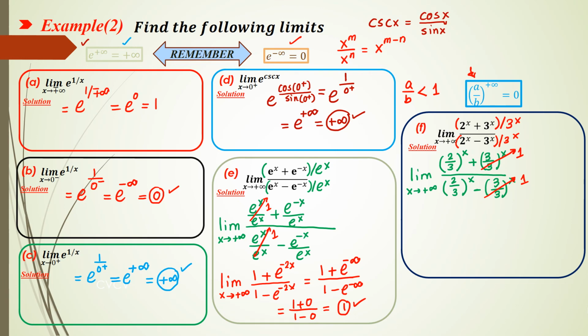Now by direct substitution and by this formula, if we have a fraction less than 1 raised to infinity, the answer will be 0. So 2 over 3 to the infinity plus 1 divided by 2 over 3 to the infinity minus 1, and this equals 0 plus 1 divided by 0 minus 1, which gives us negative 1, and that's it.